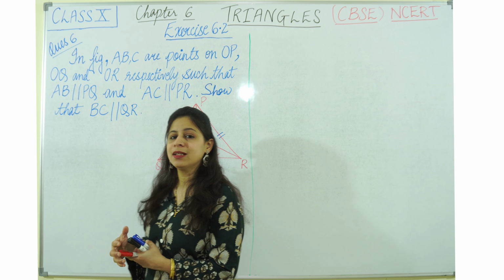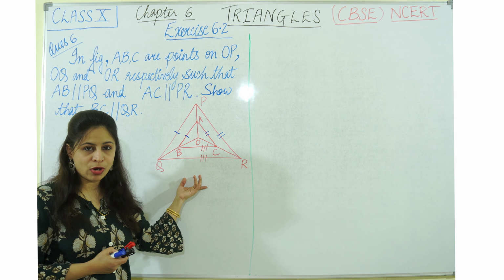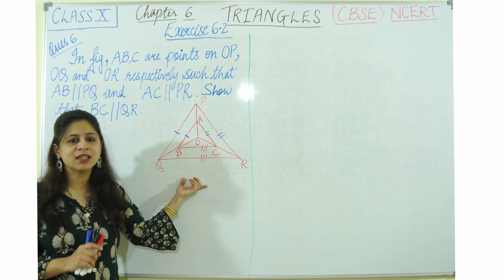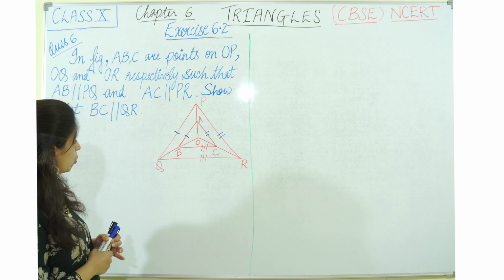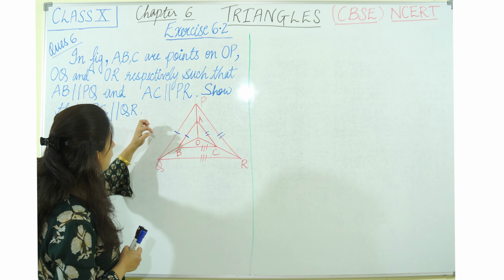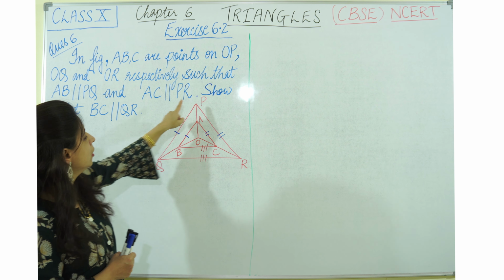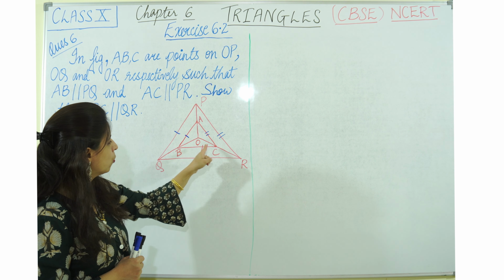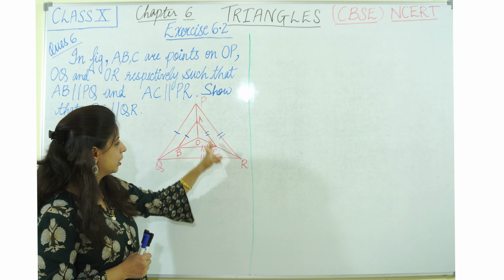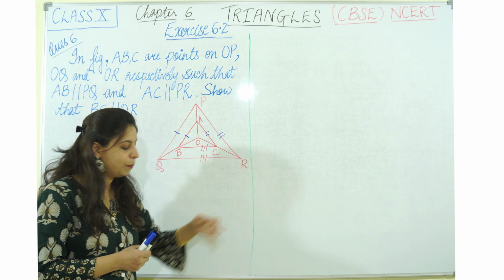For starting the question, we will be taking the triangles. In this figure there are many triangles, but we will be selecting two triangles from which we will be solving the question. Because we see that AB is parallel to PQ, we are taking the triangle POQ, and the next triangle we will be taking is POR, because the condition given to us there is AC is parallel to PR.